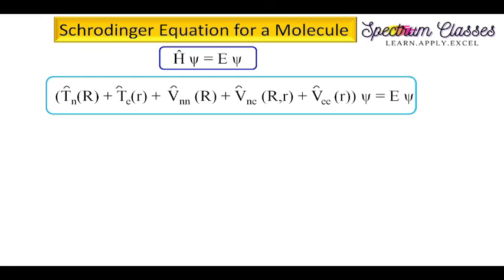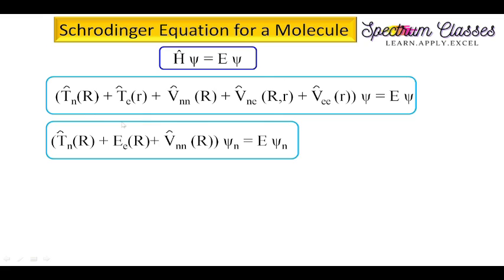Now coming again to the whole Hamiltonian of the molecule. If we are considering our nuclear coordinates, the nuclear coordinates can be written like this.